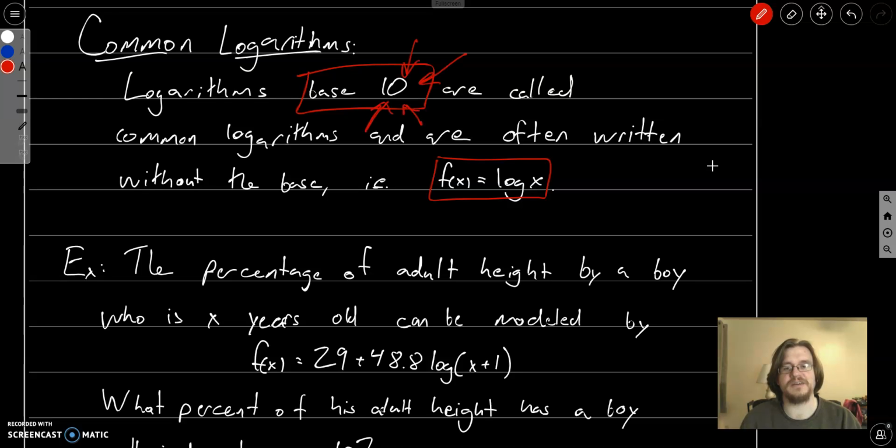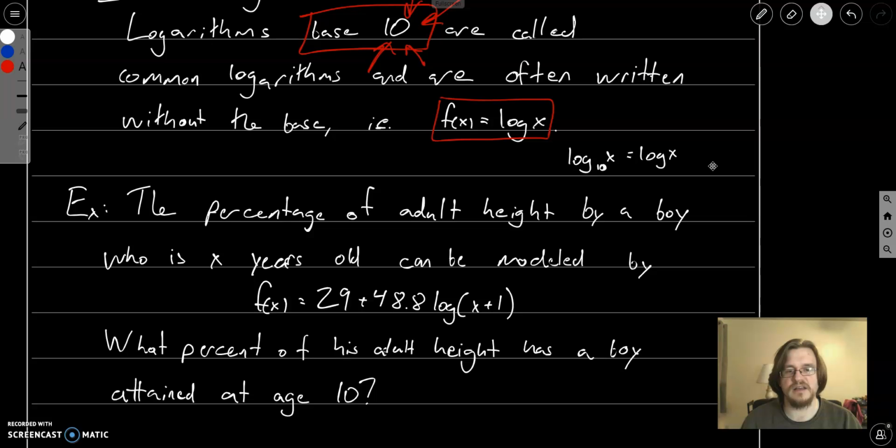So don't freak out if you don't see a base there. If no base is written, it means base 10. So log base 10 of x is the same thing as just log of x. This is just a shorthand, because log base 10 comes up often enough that if you don't write the base there, people will assume that it's log base 10.